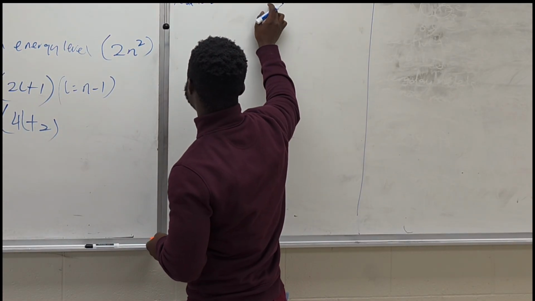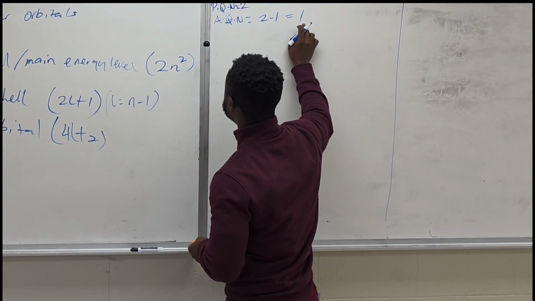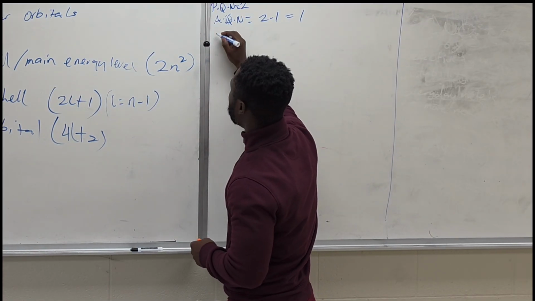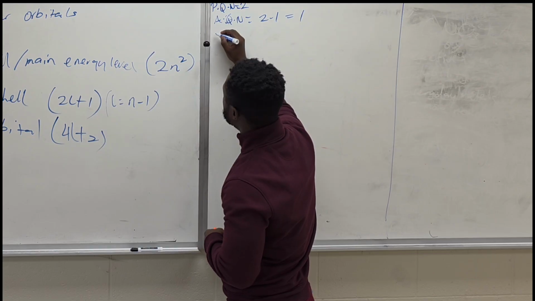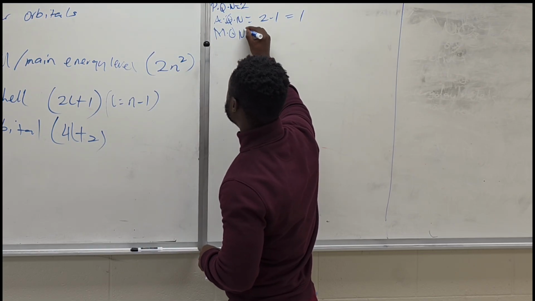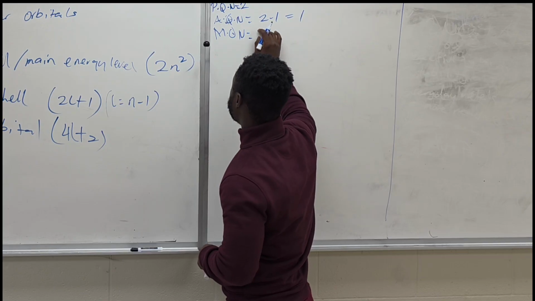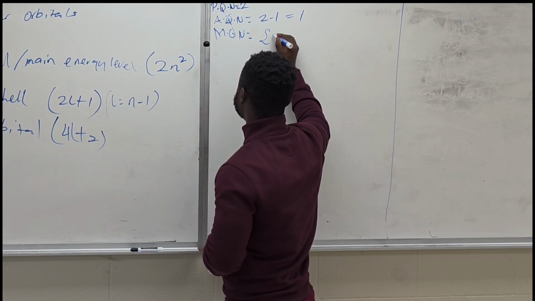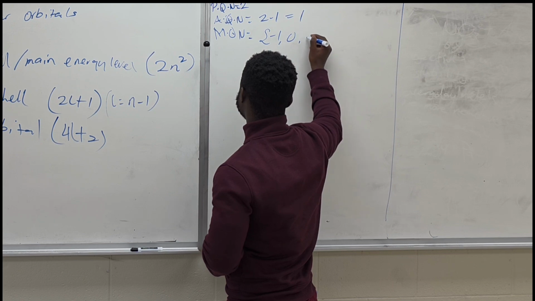This will be the azimuthal quantum number. So the magnetic quantum number, which is the orbital, is going to be the positive and negative integers of this one. So we're going to have negative 1, 0, and then 1.